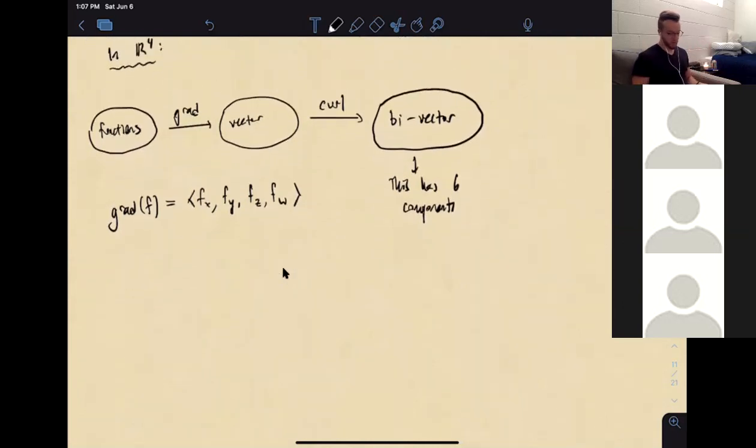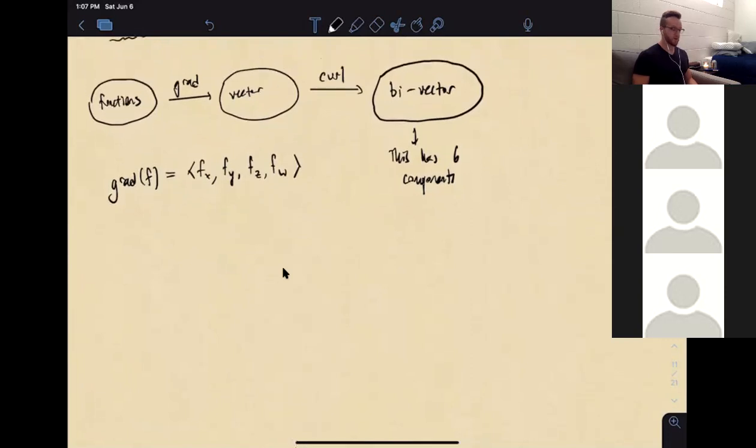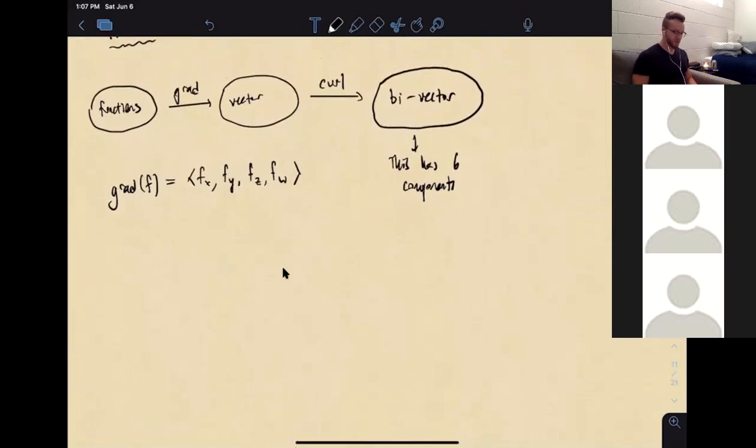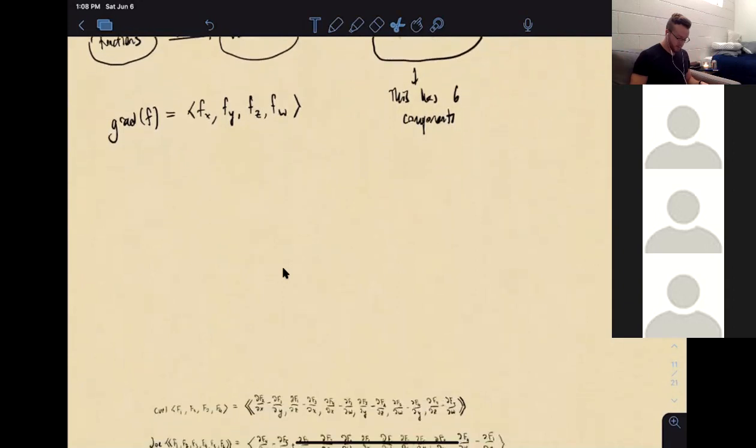And later, afterwards, if anyone's actually interested in this, I can talk more about this. But let me show you what it is. So I worked this out beforehand. I'm pretty sure this is correct. There might be an issue with a sign here and there. But what we want to do is take the curl of a vector with 4 components, F1, F2, F3, F4, and you get something called a bivector, which has 6 components, and it looks like this.